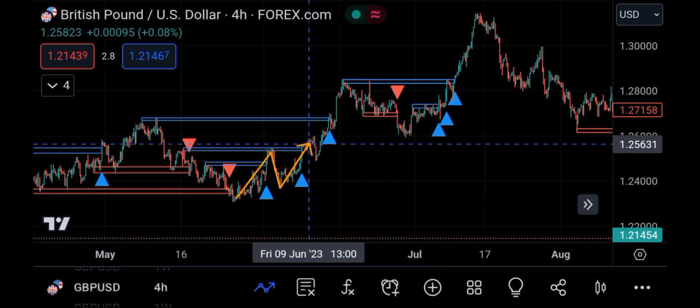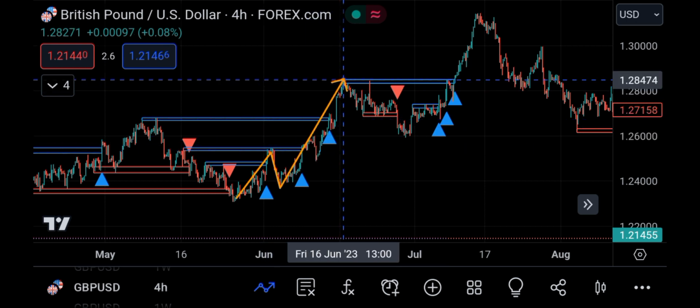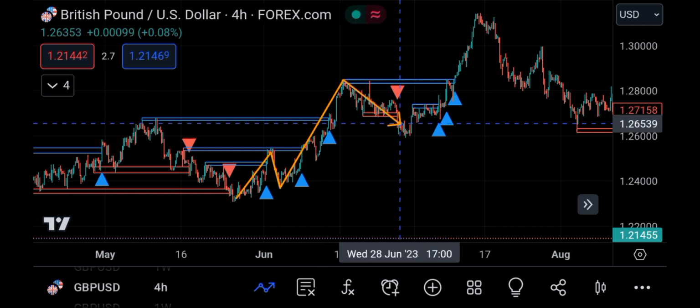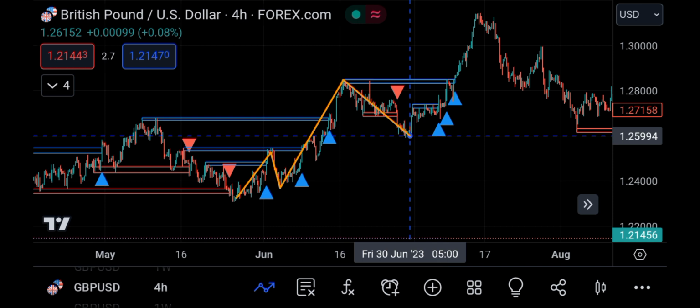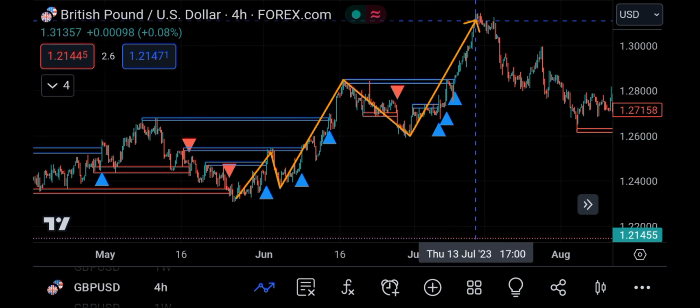Then we have the third impulsive move, a point of correction. Then finally we enter into the fifth wave, which in Elliott theory becomes the final wave.